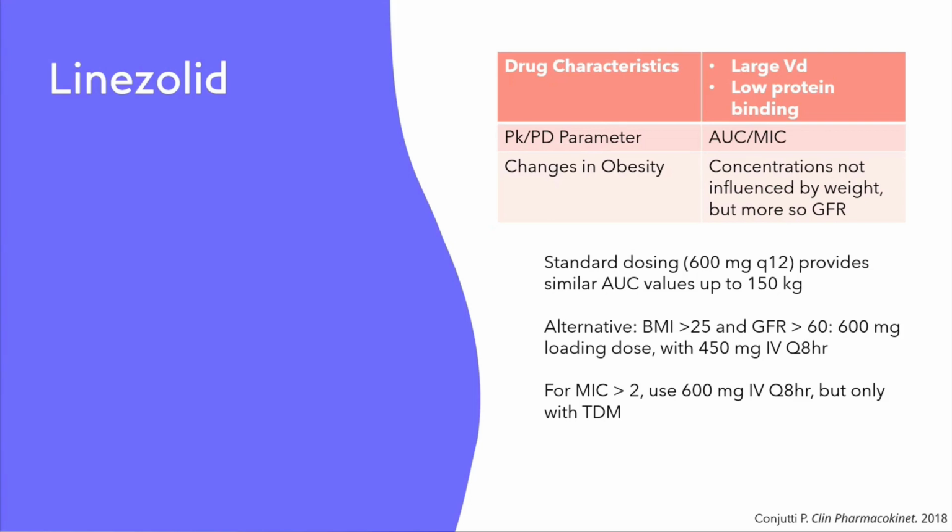There was also one reference to pushing the maintenance dose up to 600 milligrams Q8 hours, but there was certainly a lot of caution with that recommendation that you only use that regimen if you have access to therapeutic drug monitoring or TDM, because there is a very high risk for myelosuppression with that regimen.